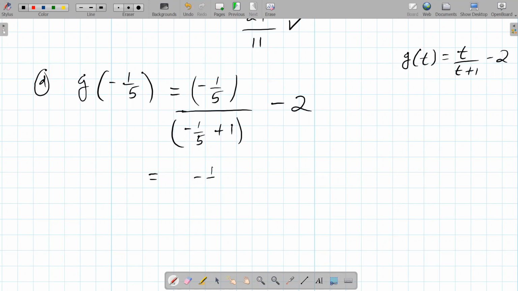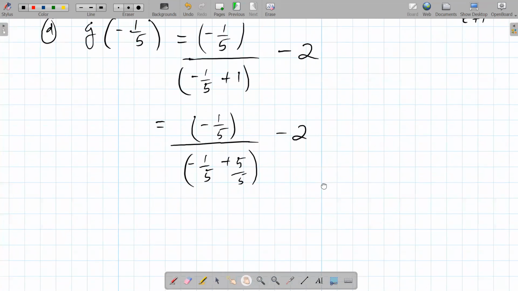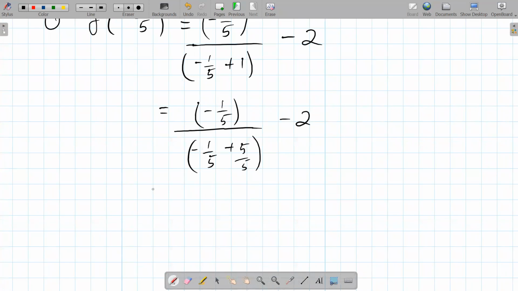So -1/5. Here I need to evaluate the denominator. 1 is the same as 5/5 because the denominator here is 5. I can rewrite this as 5/5, just so that I can easily evaluate.